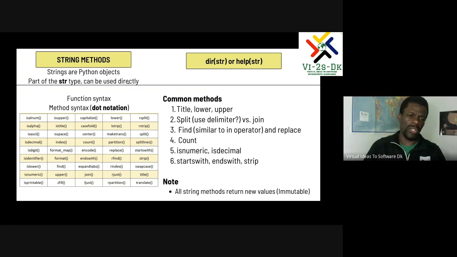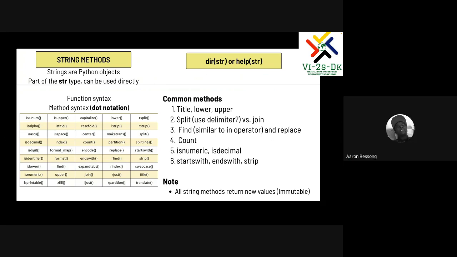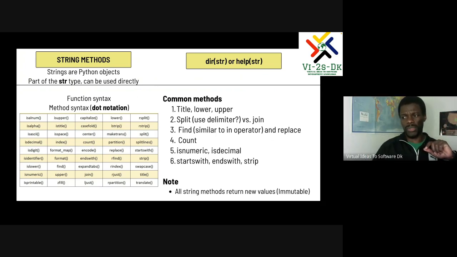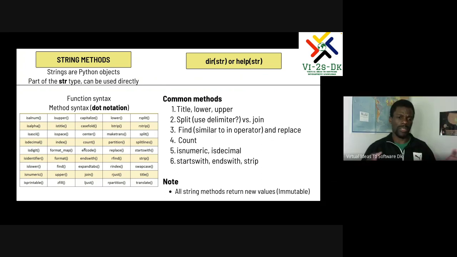First thing again, strings are Python objects. So as objects, they are part of the str type, which stands for string, and you can use it directly. If you have a string that says hello, you use what is known as the dot notation. You put a dot at the end of hello and use any of these methods. There's a subtle difference between a function and a method.